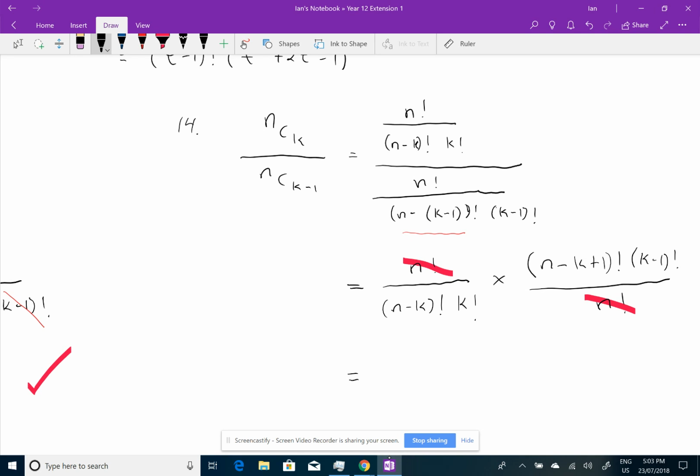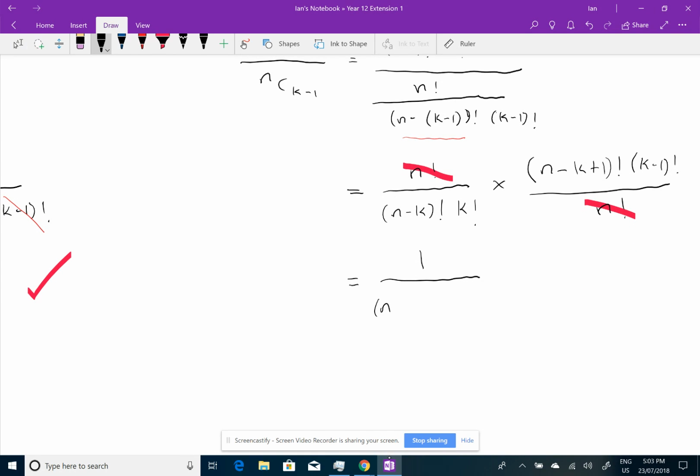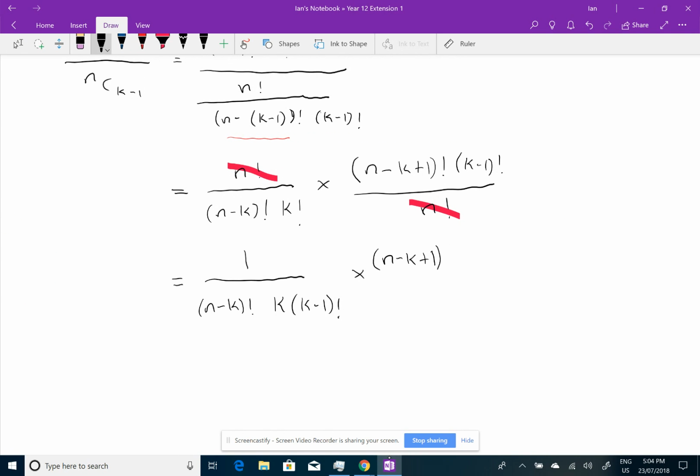Let's just write this k factorial as something else. So I've got my 1 on the top. I'm going to leave this as n minus k factorial, but k factorial I'm going to write as k times k minus 1 factorial. And as you can see up in the top line on the other side, I've already got a k minus 1 factorial. But this n minus k plus 1 factorial, well, if I go the next term down, if I take 1 off that, because that's factorial, that'll be n minus k factorial, and I've got a k minus 1 factorial, and remember, it's all over 1.